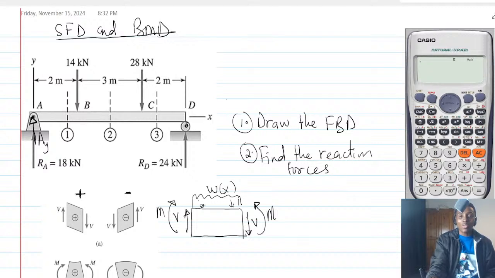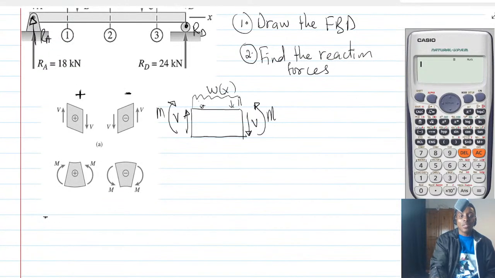And then let's call this one D. So let's call it RA and RD. I just want to show you how they came about. So first of all, summation of forces in the Y, every force going up is positive, equals 0.